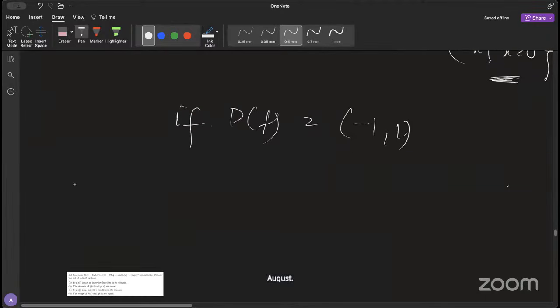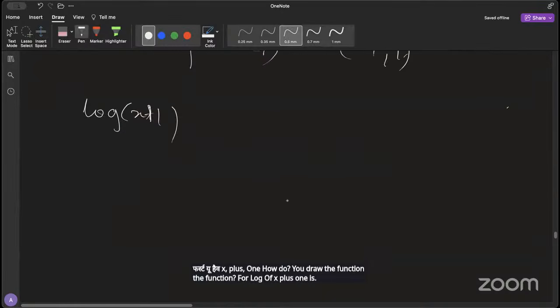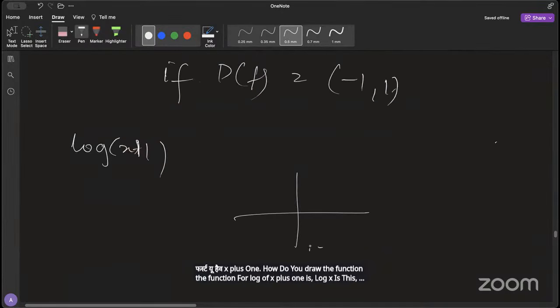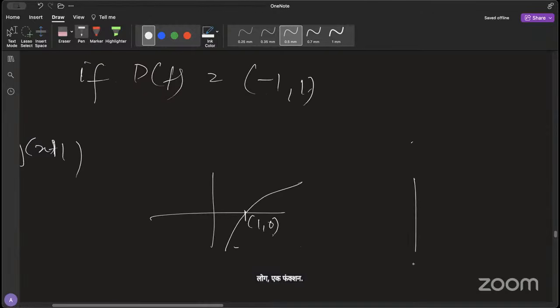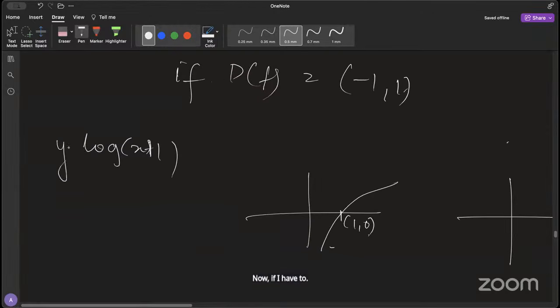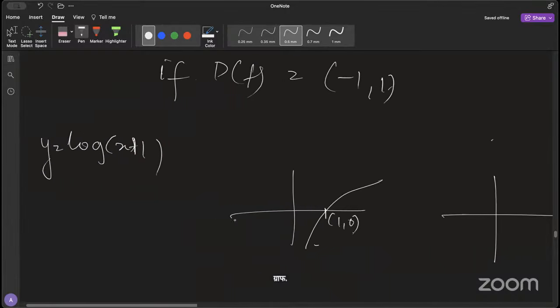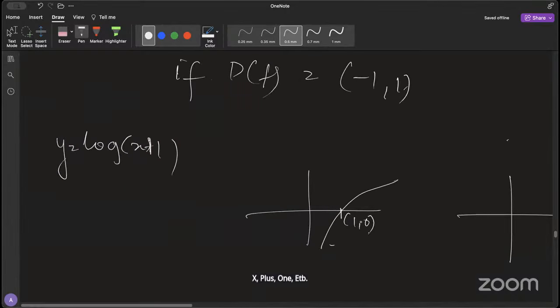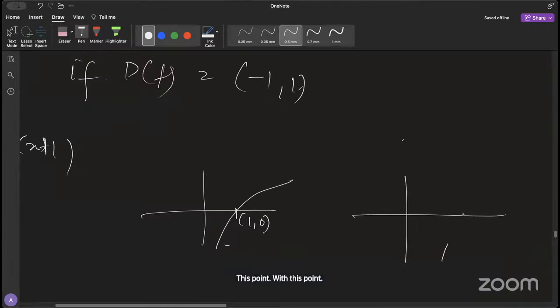Okay. The function is, first you have log of x plus 1. How do you draw the function? Log x is this, where this point is (1, 0). Now if I have to draw the graph for y equals log of x plus 1, this point will change, right?